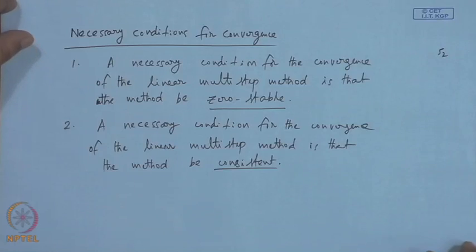In some sense these conditions are telling us, one is zero stability and the other is consistency. So, one can state that stability and consistency are the necessary and sufficient conditions for convergence, but we did not discuss what is zero stable and what is consistent. So, let us try to understand what is zero stable and what is consistent for a linear multistep method.